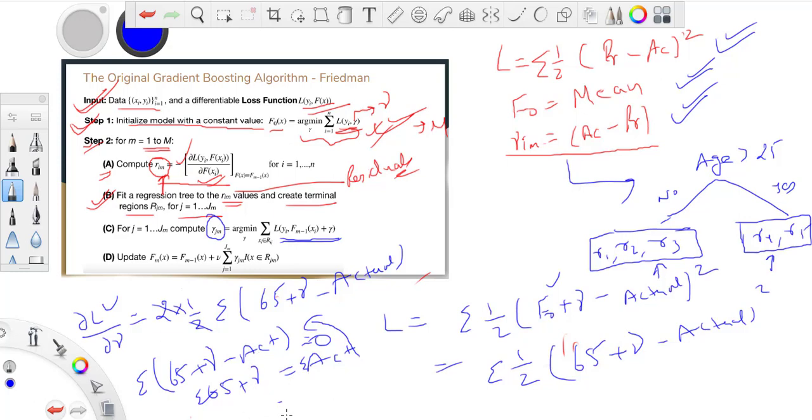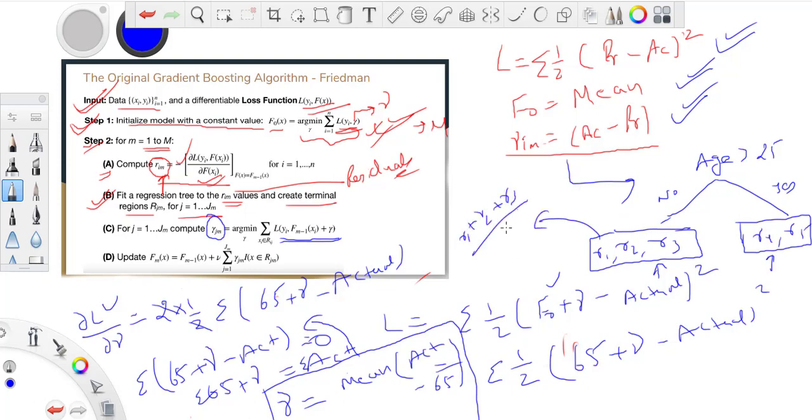So from here gamma is nothing but the mean of actual minus 65, when it was the first tree. Essentially what we are saying is that the gamma for this case is R1 plus R2 plus R3 by 3, which is nothing but the mean, and here it is R4 plus R5 by 2, which is again the mean for this case. Okay, so this step is done.